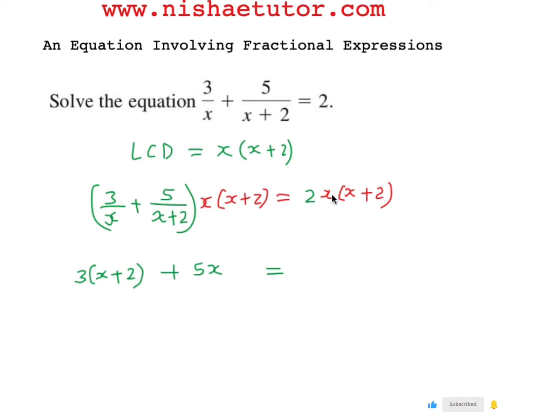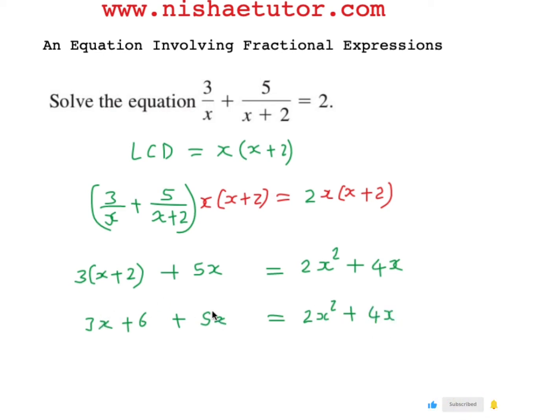So 2x multiplied with x is 2x square, and 2x multiplied with 2 is 4x. Now here again we use the distributive property. So 3 times x is 3x, plus 3 times 2 is 6, plus 5x equals 2x square plus 4x.